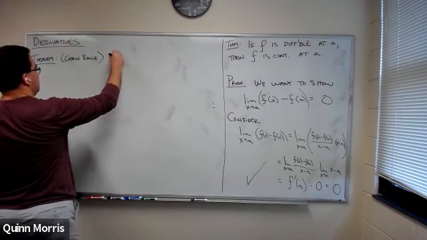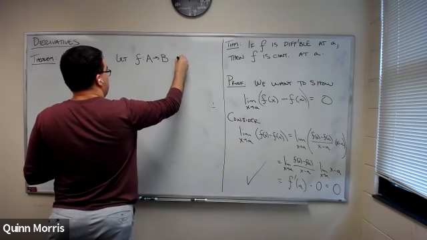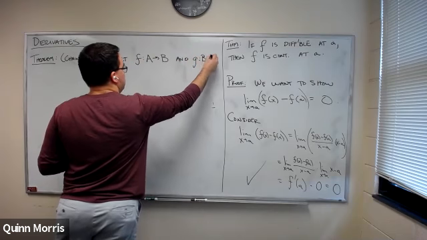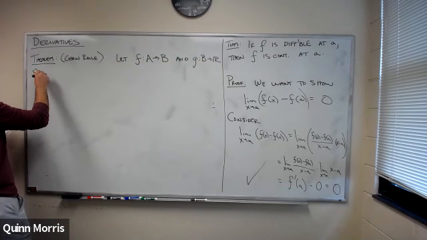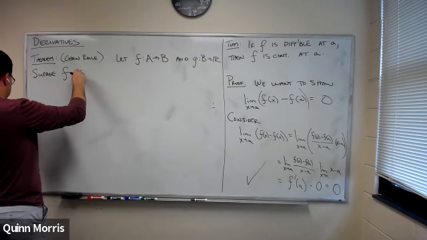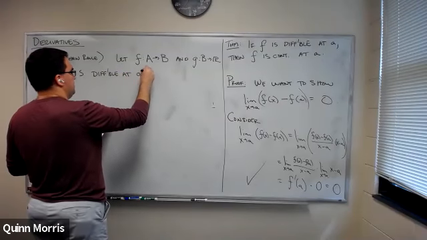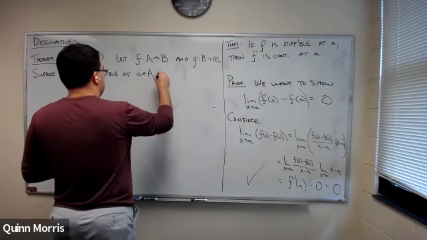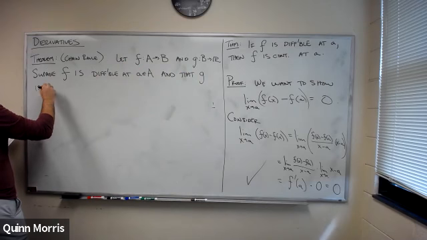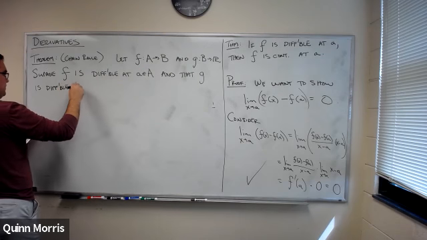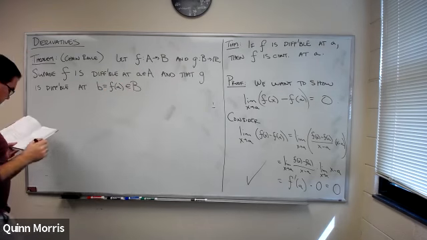Let f from A to B and g from B into R. Suppose f is differentiable at x equals a, which we're going to assume is some point in the set capital A, and that g is differentiable at b, where b is just the point f of a, and this is in the set capital B.